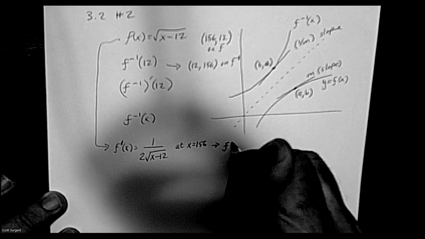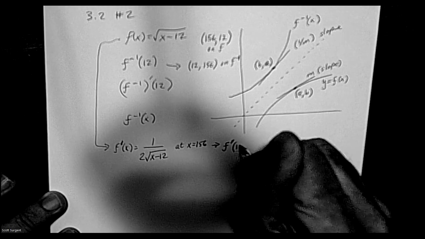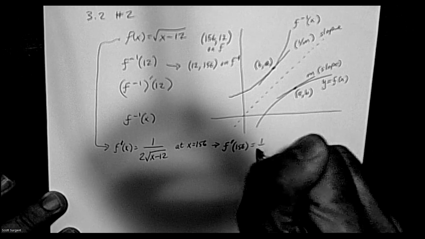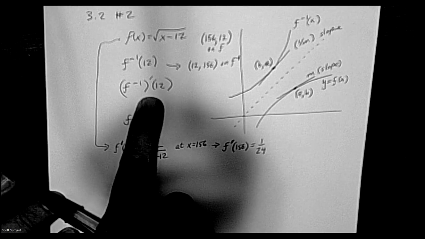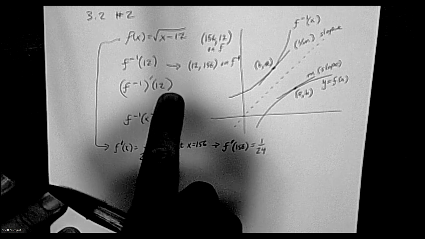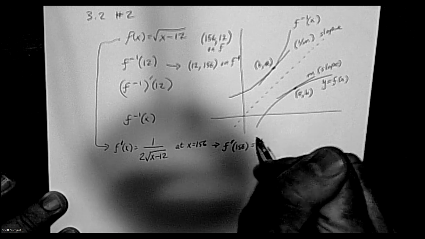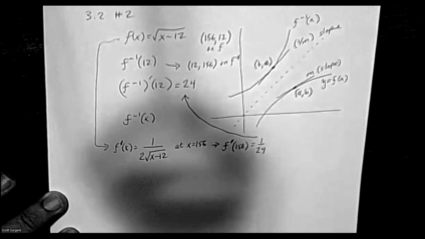Therefore, the derivative on the F curve at 156 is 1 over 24. So here's the beautiful thing. The derivative of the inverse at 12, you're basically just swapping everything. It's going to be the reciprocal. It's just going to be 24. Okay.